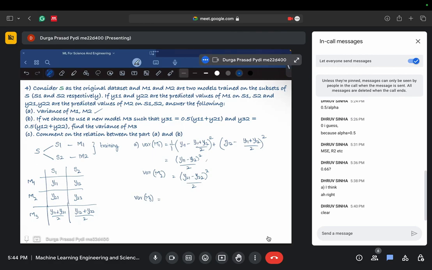What will you get here? It will be something like (Y11 + Y21 − Y12 − Y22) whole square.